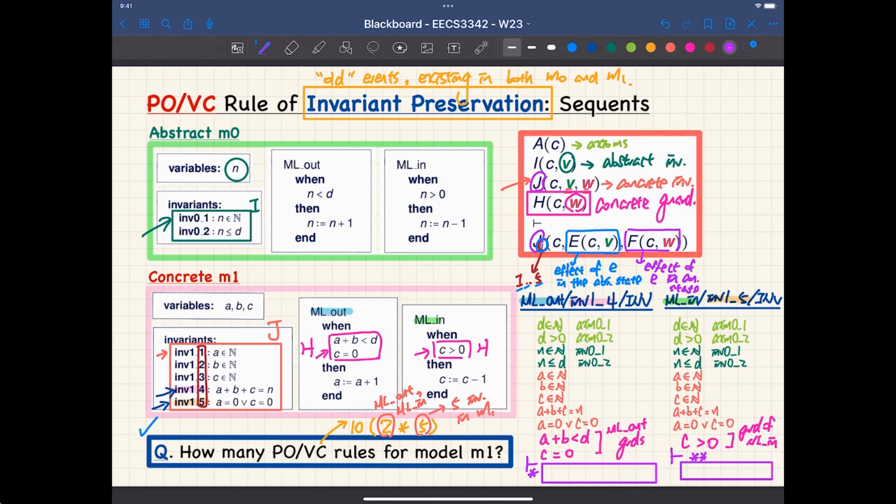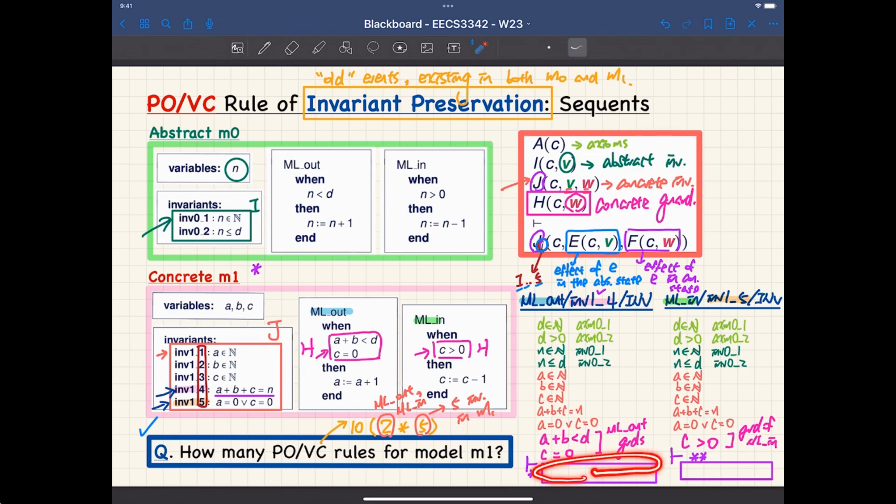Okay, so now for this one here, let me say the star over here. Since we are talking about invariant number 4, which is over here, if you recall, for the very first time we talked about invariant preservation, we are basically saying the invariants at the post states should remain holding.